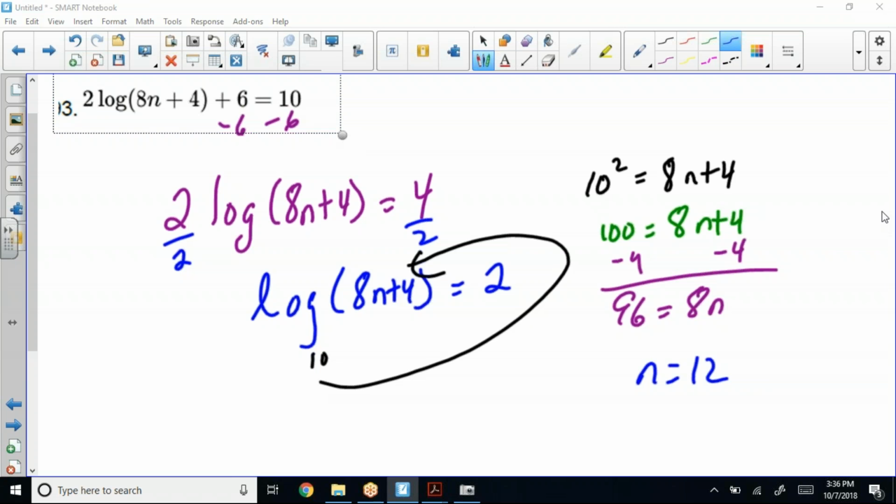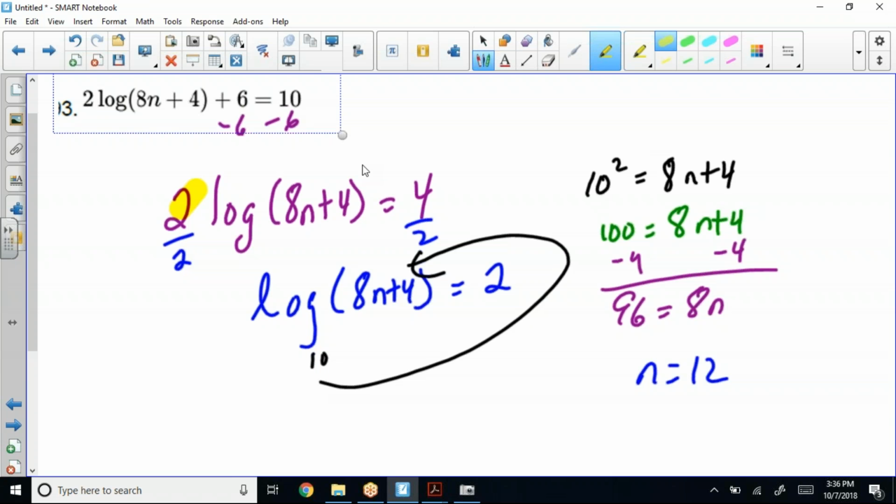Do you agree with what I got, Angela? We'll go see what she got. Okay, thanks. The thing about this is, we know that 2's a power here, but it's multiplied times the log, so we can just divide it, and that gave us this. And then to solve a log, we have to convert it and use 2 as a power.